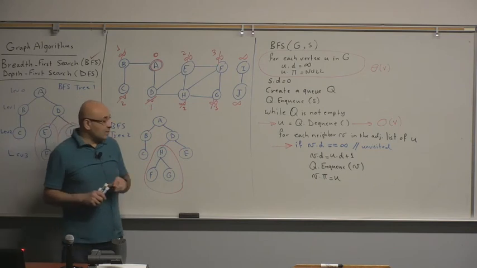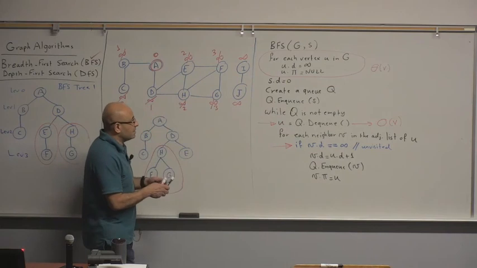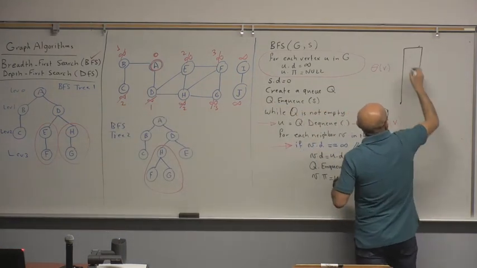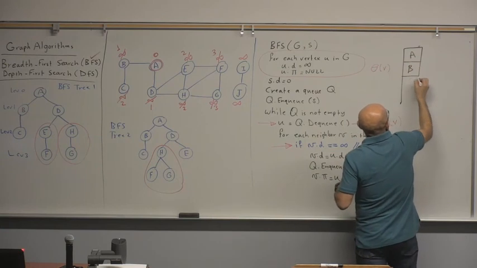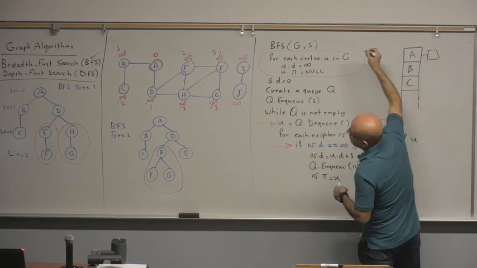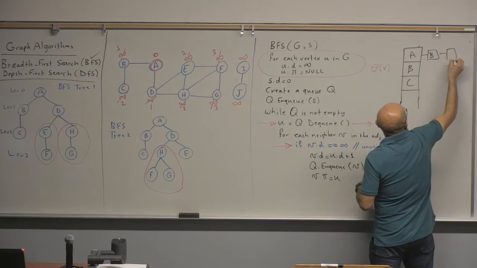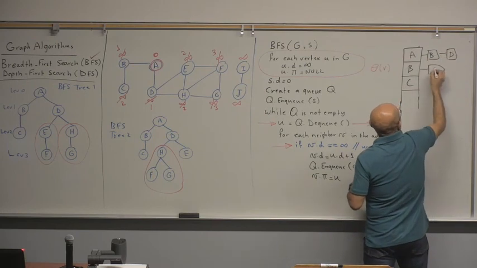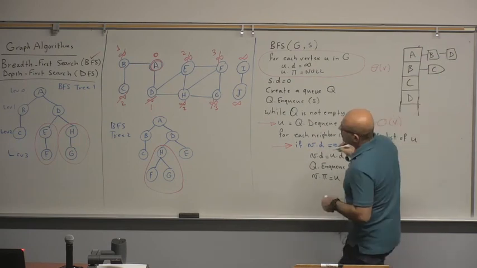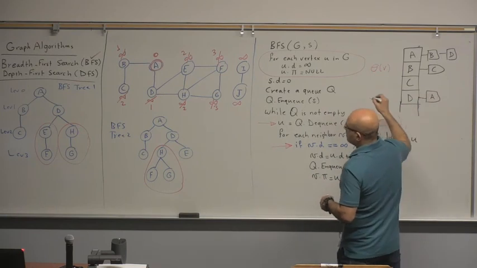Let's draw this again, because we have a space problem on the board. A has B and D, B has C, C has nothing, and D has A, E and H.